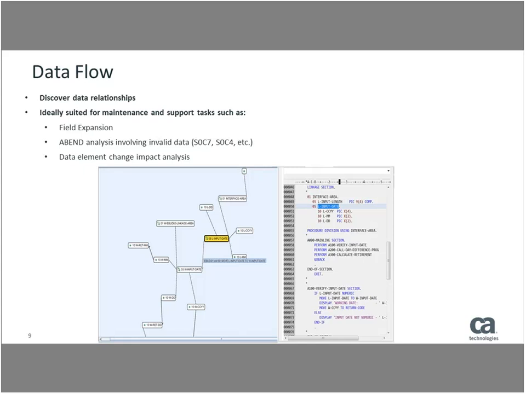Simply said, you can see how the data is flowing through the source you are editing. I need to mention that data flow works only for COBOL programs that are free of CICS or DB2 statements. That means for IMS it's okay to use data flow in the program, and you'll be able to see it.